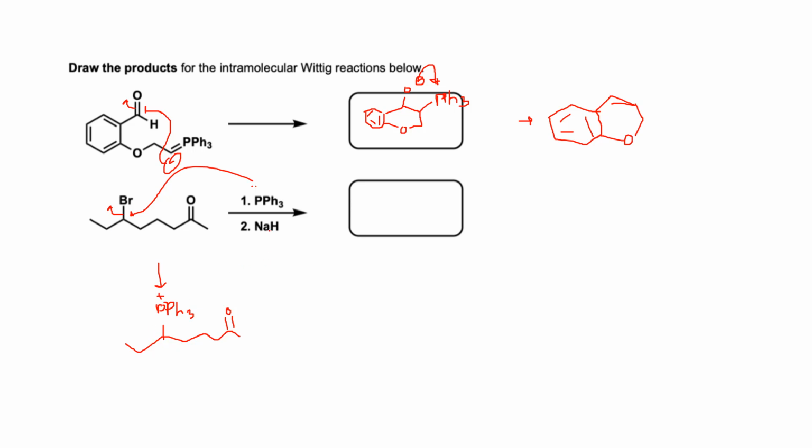Then when we add a base, it will deprotonate one proton at this position, as it is adjacent to phosphorus, so this negative charge can be stabilized through resonance.